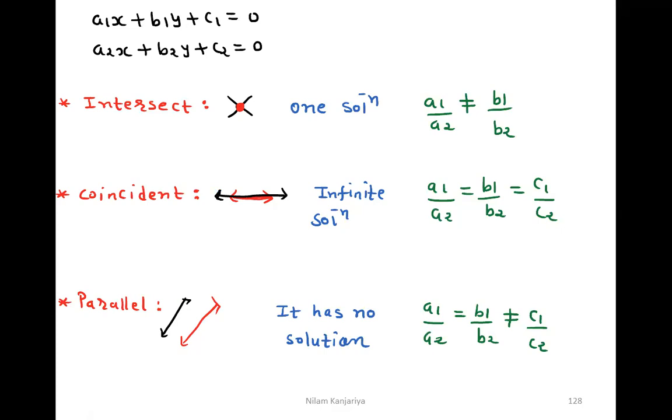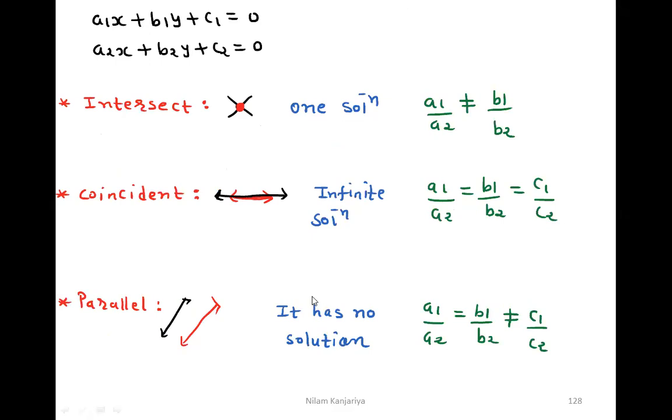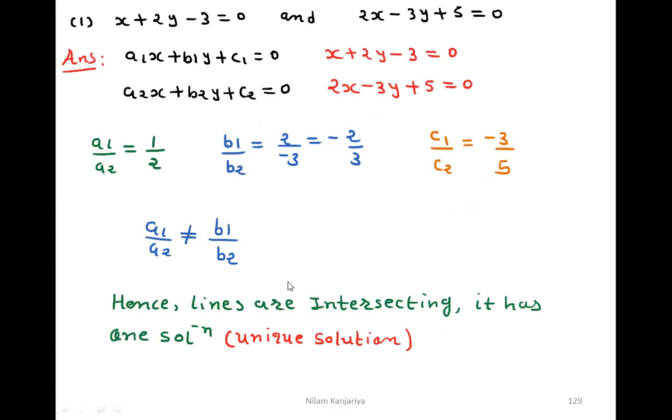You have two equations, so check which condition is satisfied. I find A1 upon A2, B1 upon B2, C1 upon C2, and A1 upon A2 and B1 upon B2 are not the same. So the first condition is satisfied and the lines are intersecting with one solution, which you can also call a unique solution. So I hope that is clear.